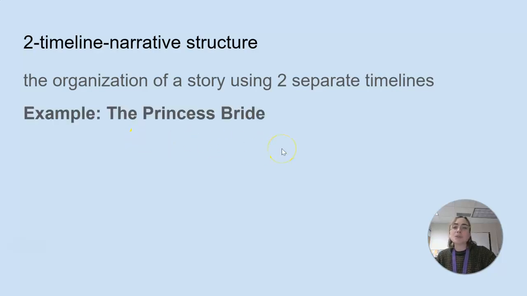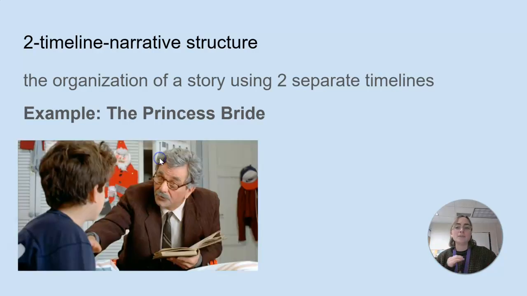If we think about pop culture or movies that we've seen, one example of a two-timeline narrative structure is the movie The Princess Bride. So maybe you've seen this or heard of it. This was my dad's favorite movie when I was a kid, so we used to watch it all the time. And this movie actually has two separate stories or two separate timelines going on.